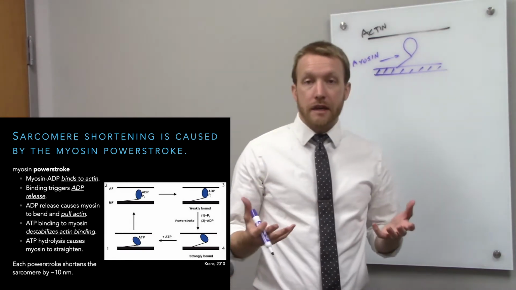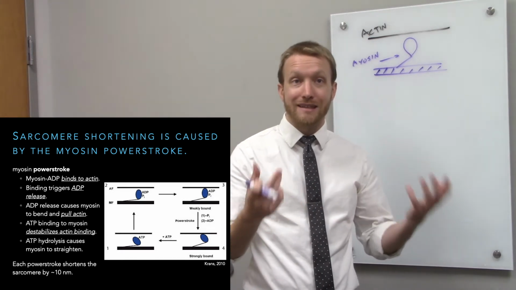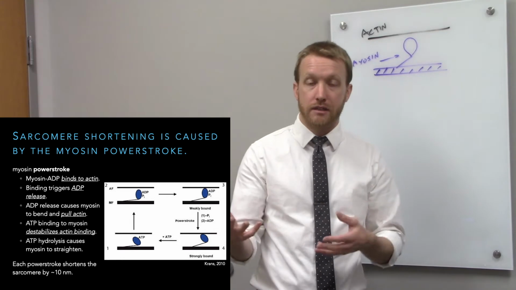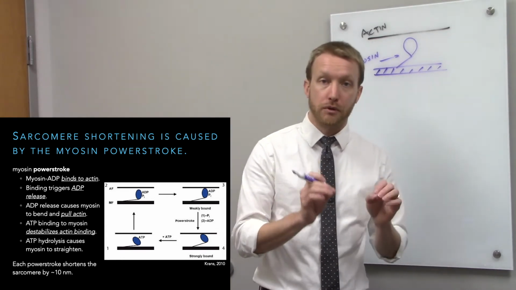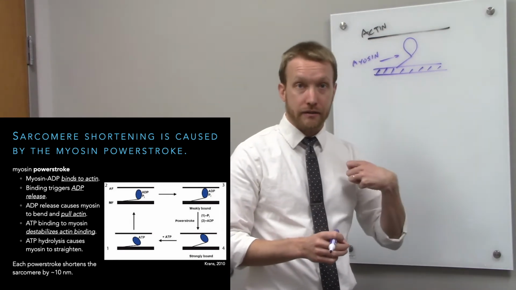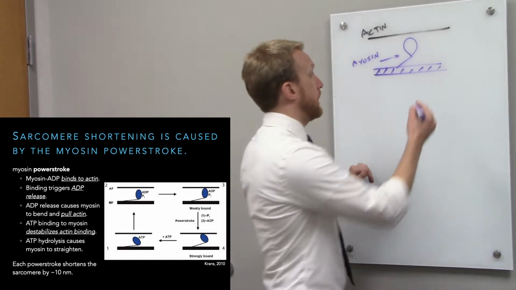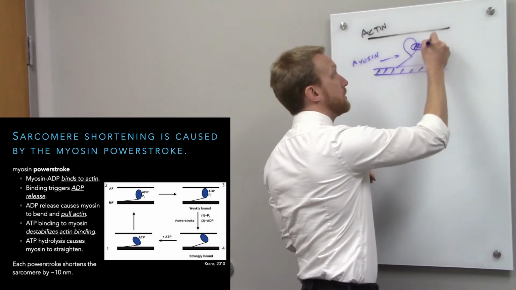Myosin is an ATPase, meaning it's an enzyme that burns ATP. It's going to bind ATP, break it down to ADP, and this is going to drive some sort of change in shape. Just like the sodium-potassium ATPase burns ATP to move sodium and potassium, myosin burns ATP to pull on actin. So, the binding between myosin and actin is going to kick off this little ADP molecule.